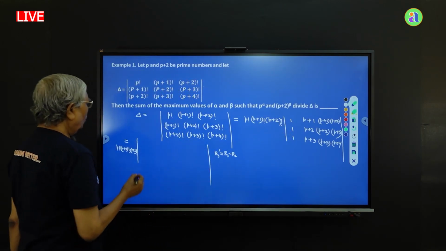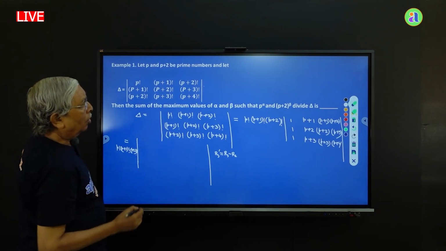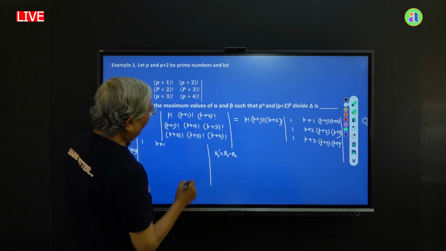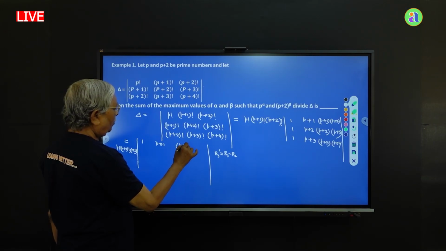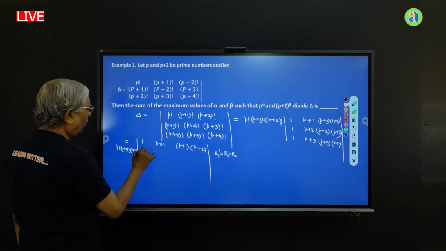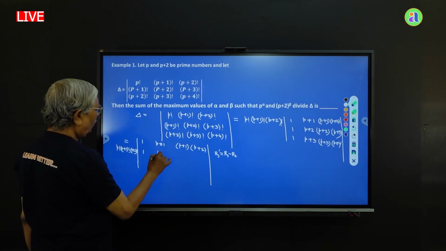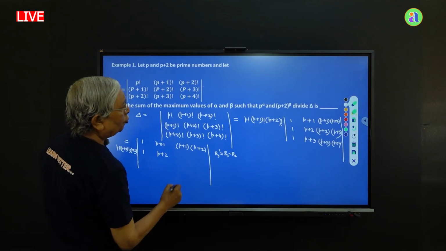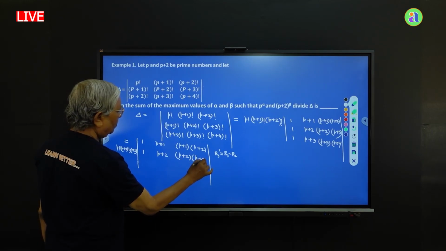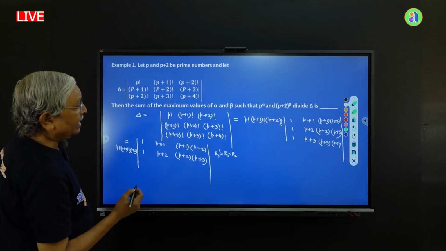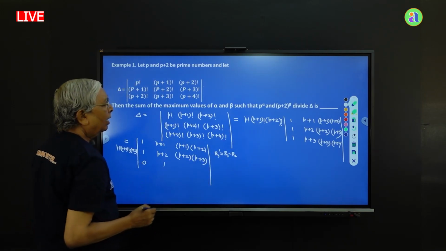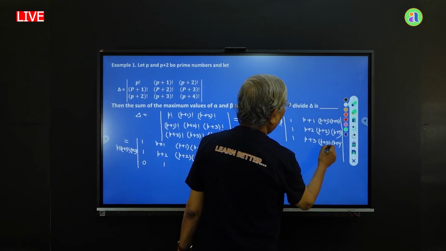The first row remains the same, 1, p plus 1, p plus 1 into p plus 2; the second row is 1, p plus 2, p plus 2 into p plus 3; third row minus second row gives 0, then 3 minus 2, that is 1, and then p plus 3 into p plus 4 minus p plus 2 into p plus 3.